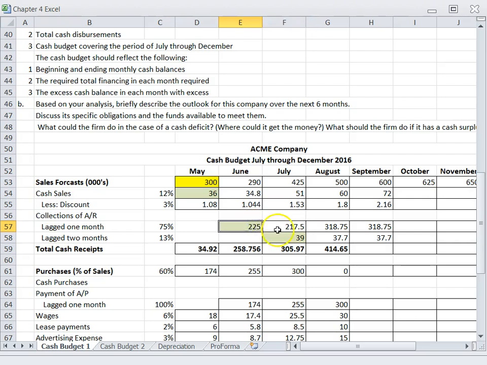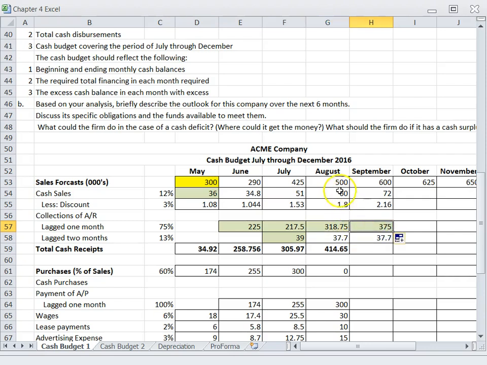I'm going to bring my formula forward. 557. So this is July, and then 18. Why is that? No, that is correct. That's correct.